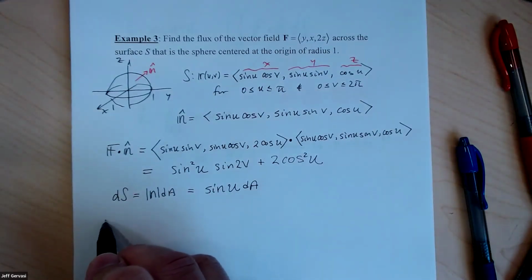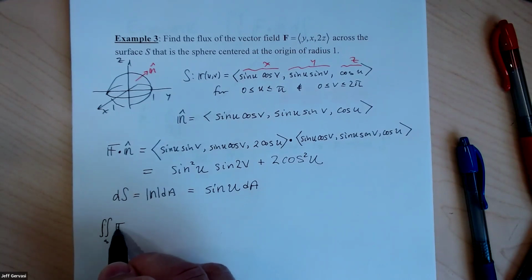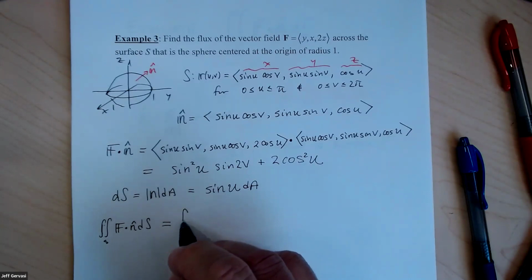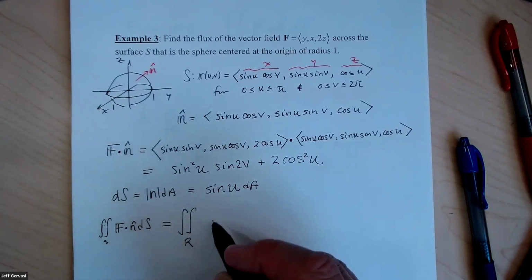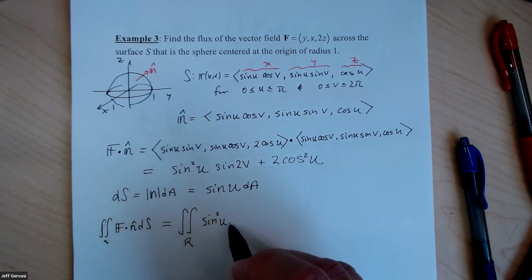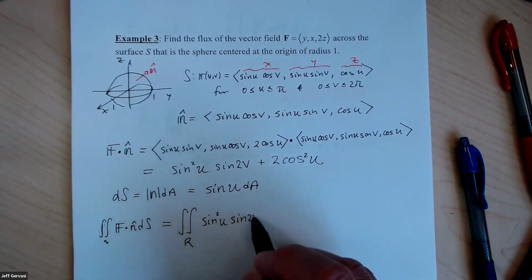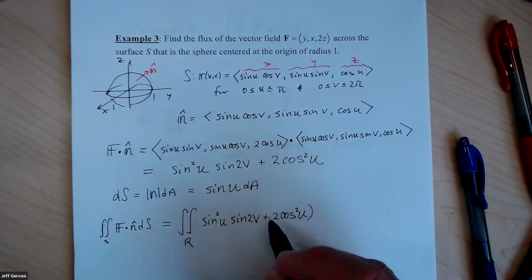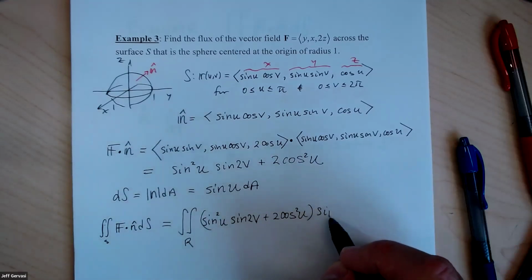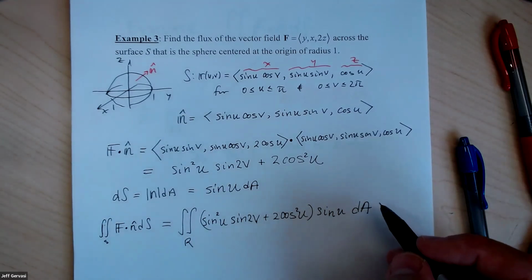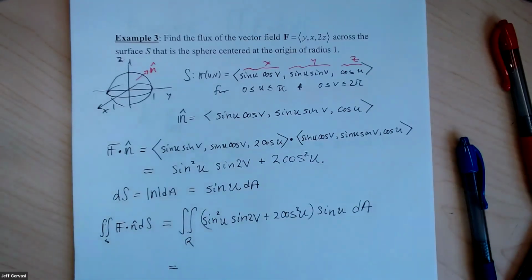And so our integral becomes the following. Now, of course, you're going to want to distribute the sine through.